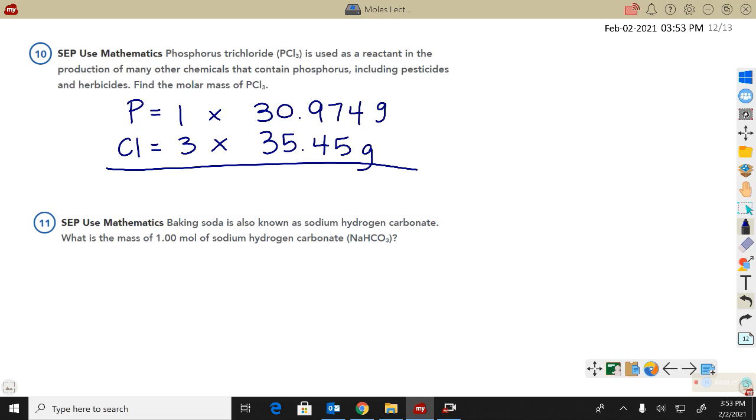All right, so let's add these up. I'm looking at about 137.324 grams per mole. And that's for the PCl3. Hopefully you're in the ballpark. Gosh, this is so easy, right?